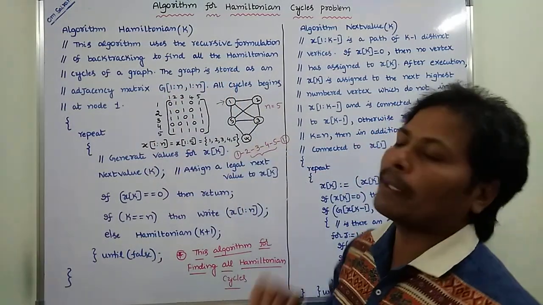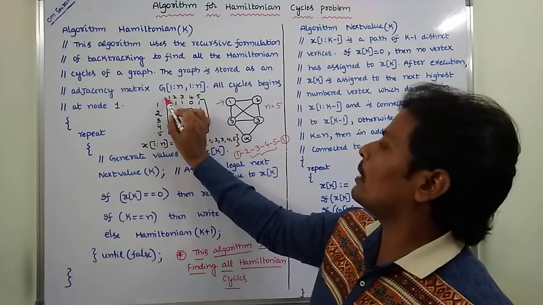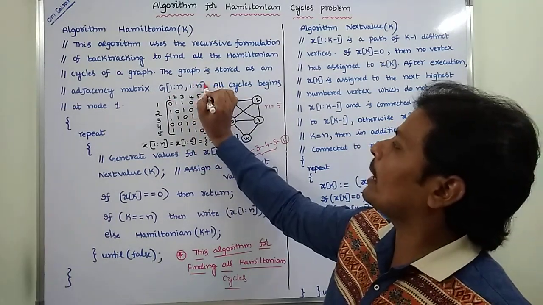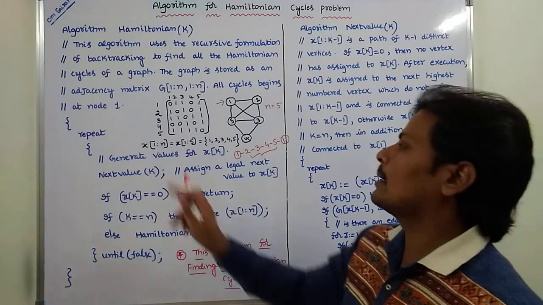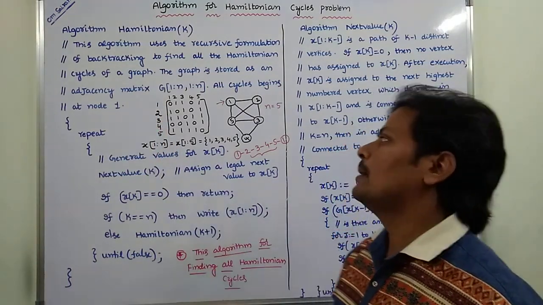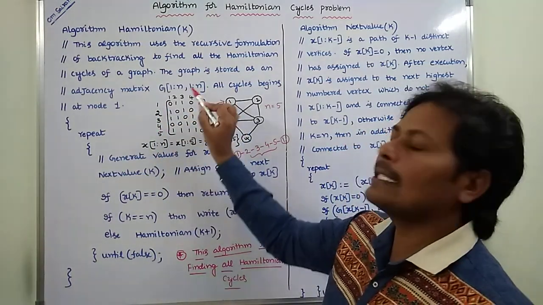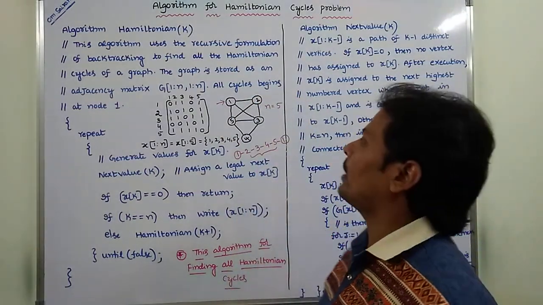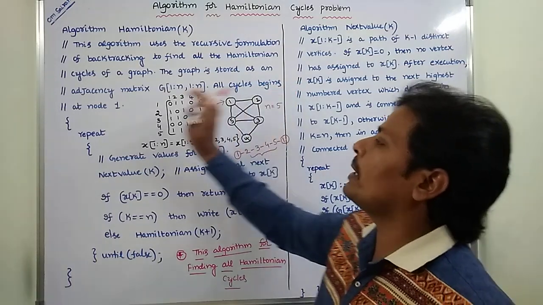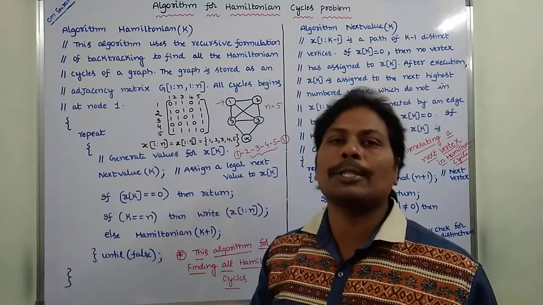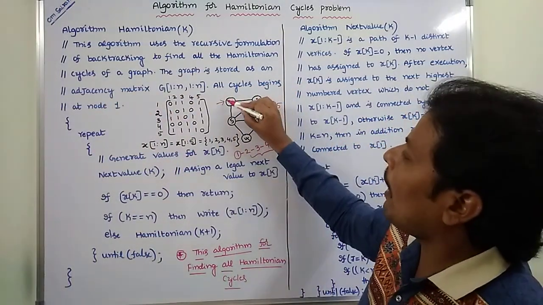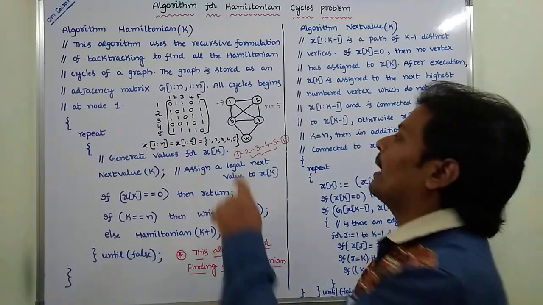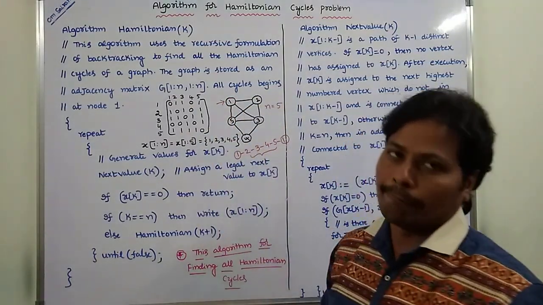The first 1 to n represents the rows, 1 to 5, and the second 1 to n represents the columns, 1 to 5. So this is the given adjacency matrix for this graph. All the Hamiltonian cycles begin at vertex 1.